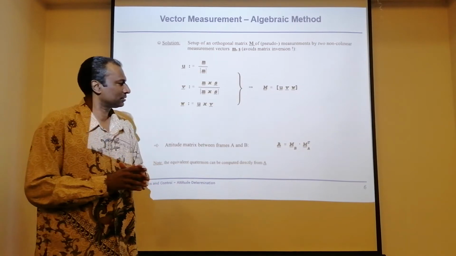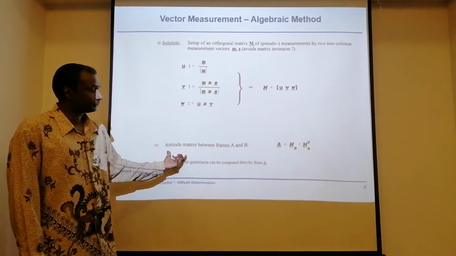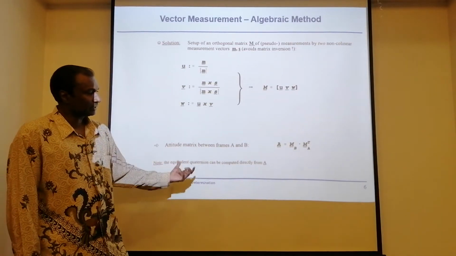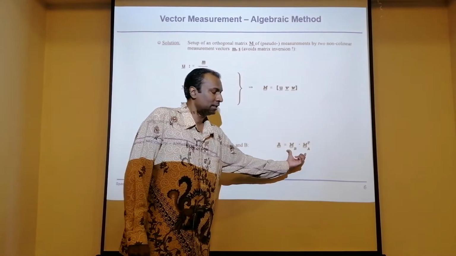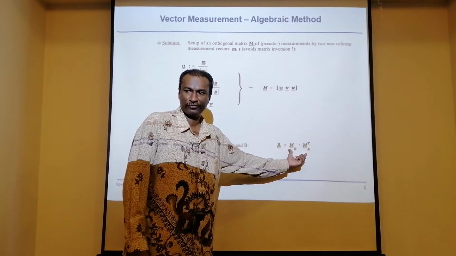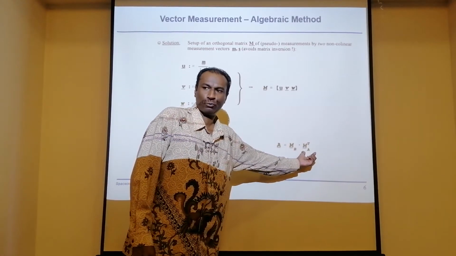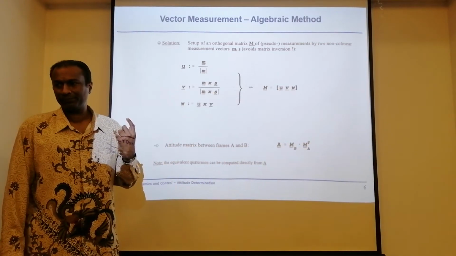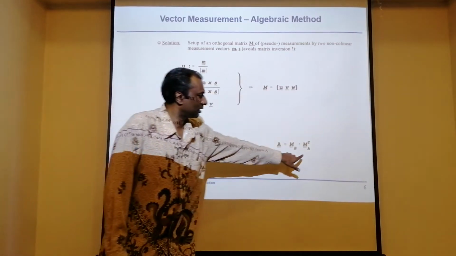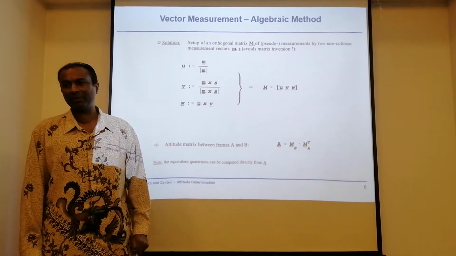It's very easy. If you want to find the difference, technically the attitude matrix would basically be the frame B measurement, transposed with respect to the frame A measurement. You do this matrix, and basically you should have the actual attitude matrix.